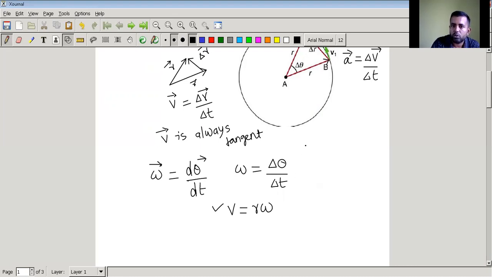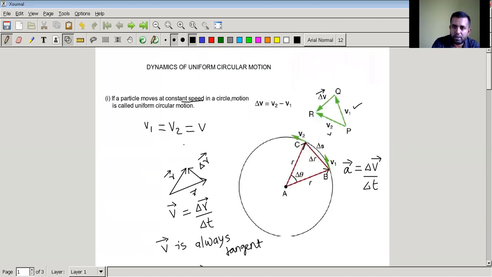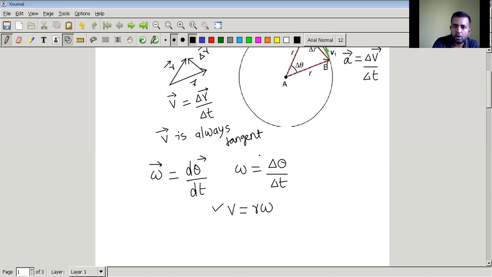Also, if the particle starts from here and goes one complete revolution, that is called the time period. There is also a formula: omega equal to 2 pi by T. This is valid for one time period.